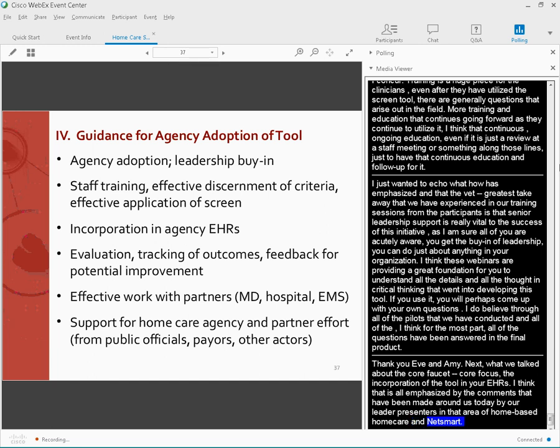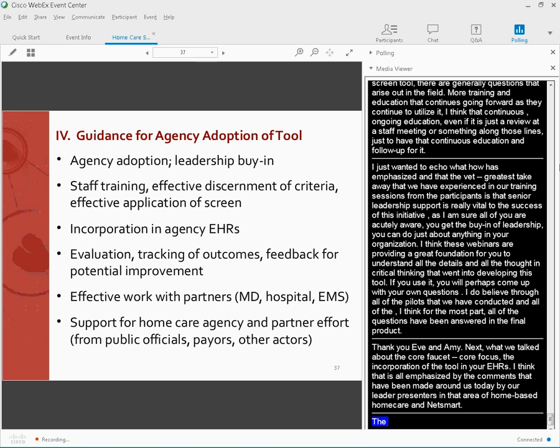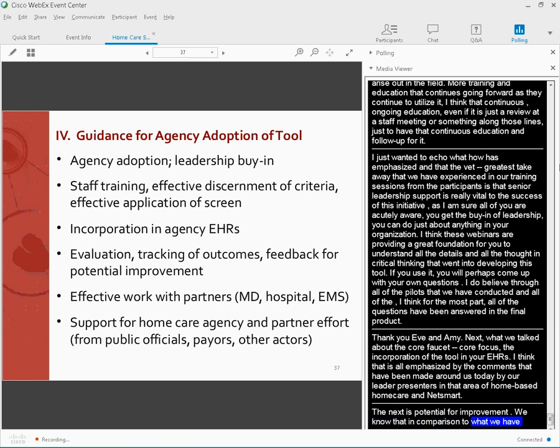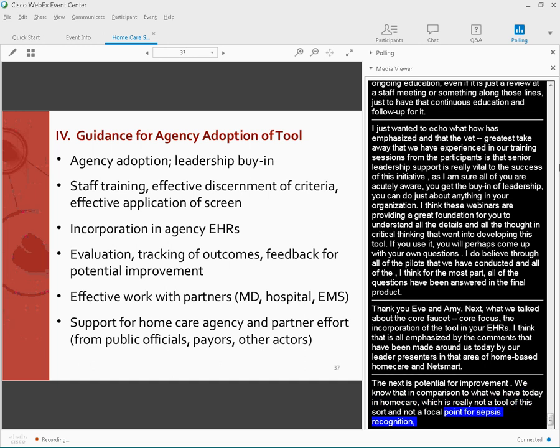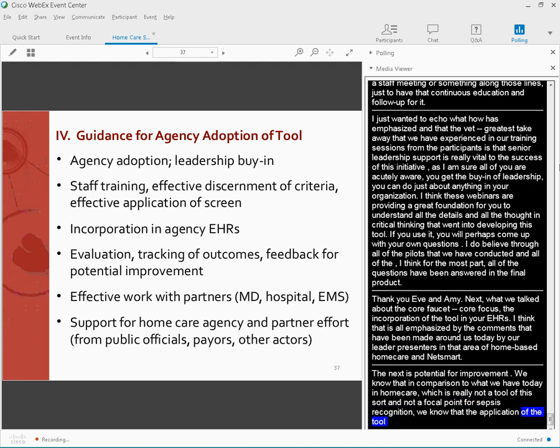So we know that in comparison to what we have today in home care, which is really not a tool of this sort and not a focal point for sepsis recognition, the incorporation and application of the tool is itself a best practice that will lift all agencies in regard to sepsis early recognition and intervention.